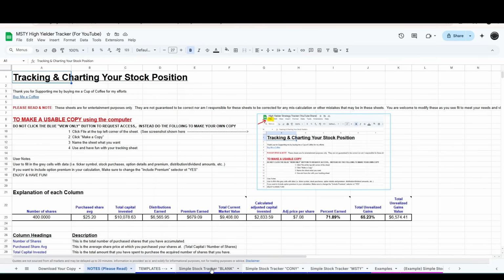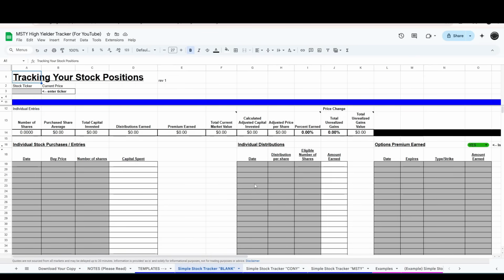And then you do have the simple stock tracker sheet here. And yours will have in here, instead of blank, it will say MSTY in the tab section here. Now you can change that if you're tracking a different one, but if you are just tracking MSTY, then you can leave it as is.